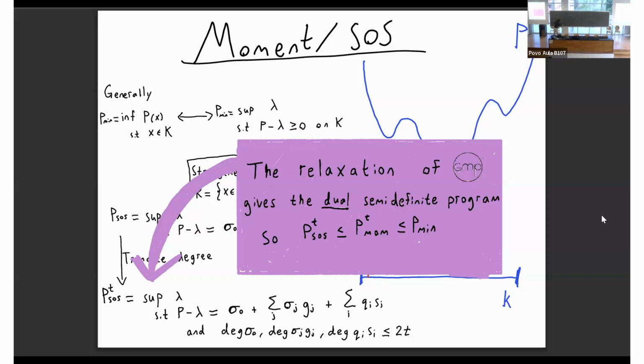And this is what we call the SOS side. And we'll talk about what's going on here. But we do this at every level of the hierarchy. So P_t^SOS is here, and P_t^mom is here. And this has this duality, the primal dual relationship that we have in optimization.